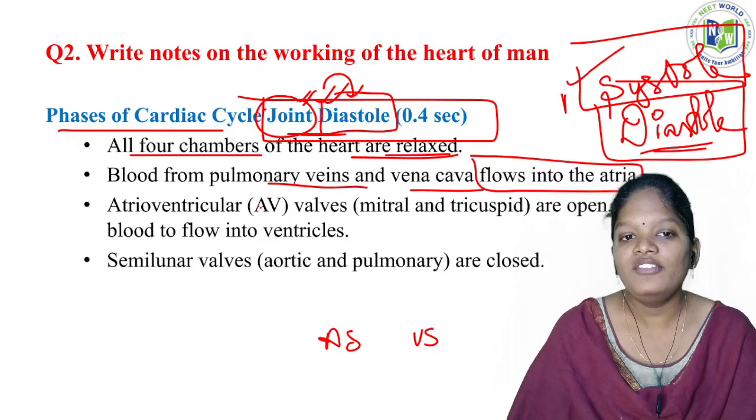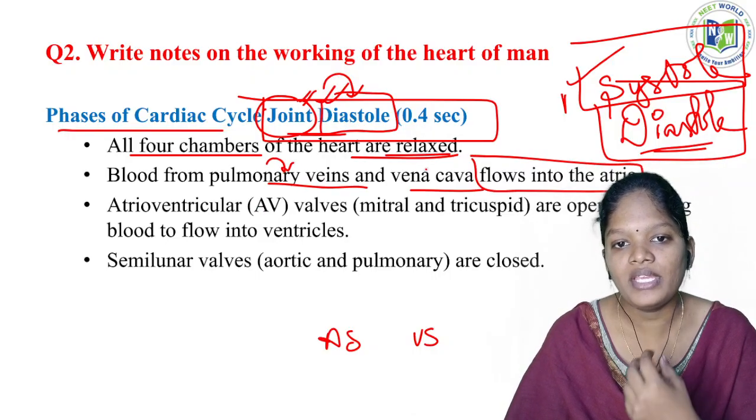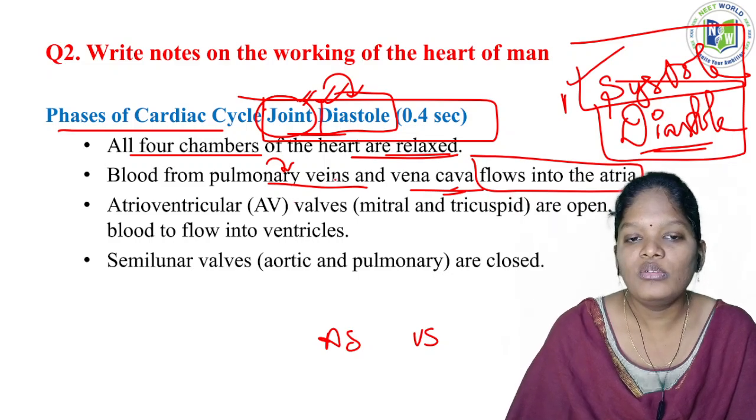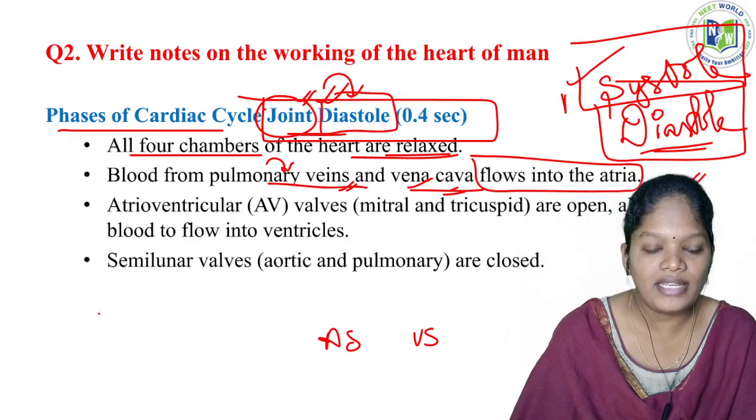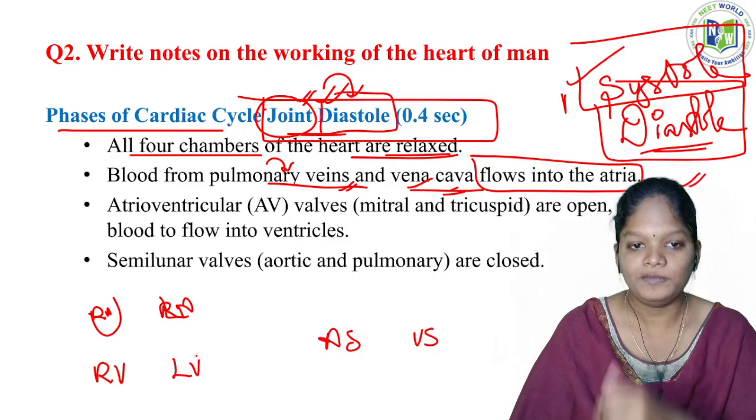Blood from the pulmonary veins and the vena cava flows into the atrium. You should understand this properly. This is the right atrium, this is the left atrium, this is the right ventricle, and this is the left ventricle.